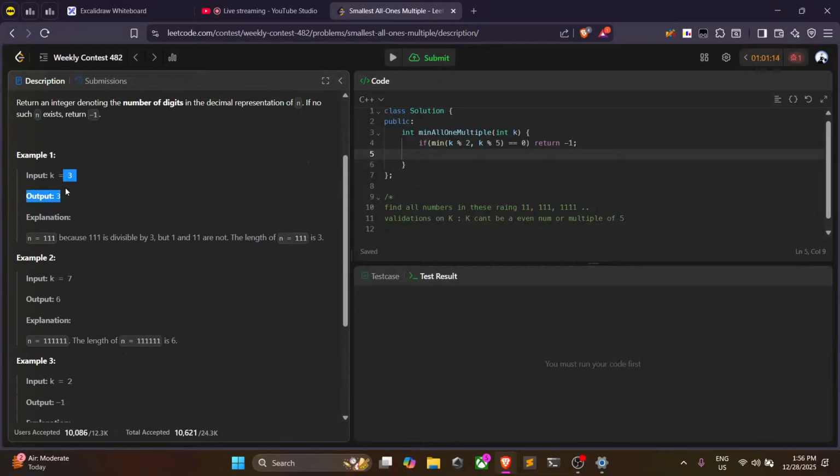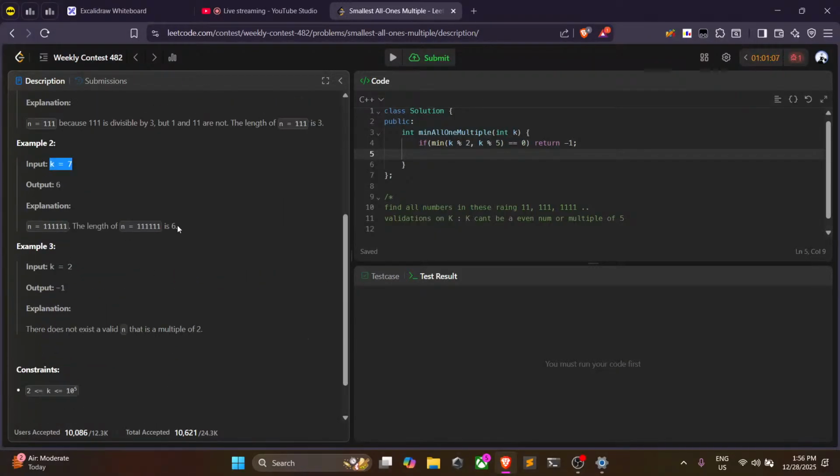The thing I observed from here is that the number of digits can be at most limited, because it's a third problem, right? So the number of digits can't be so much. So let's go for 10 to the power 5, which is basically till k. Starting from only one digit, I want to go till k digits.